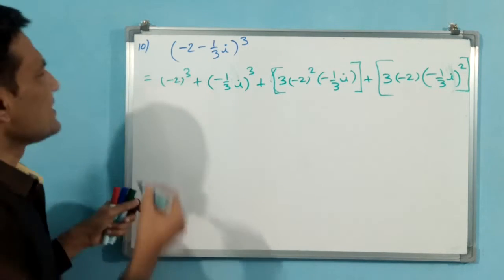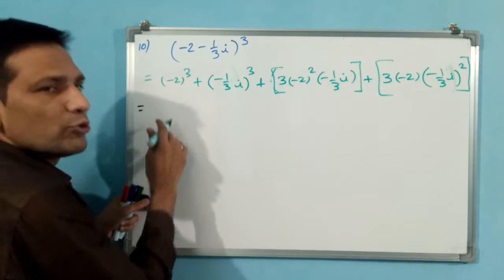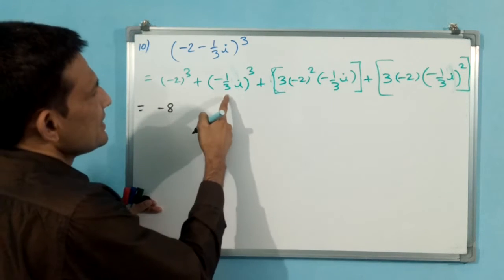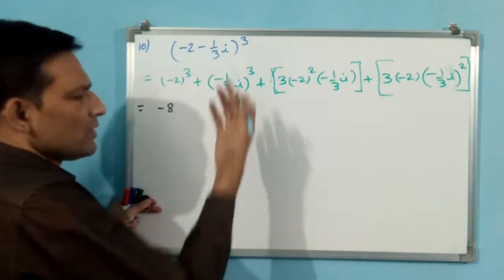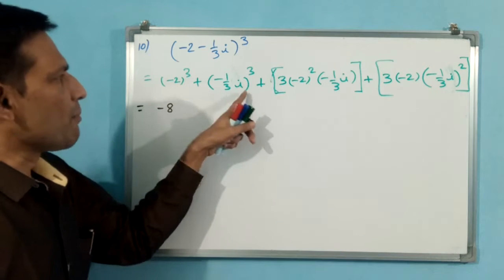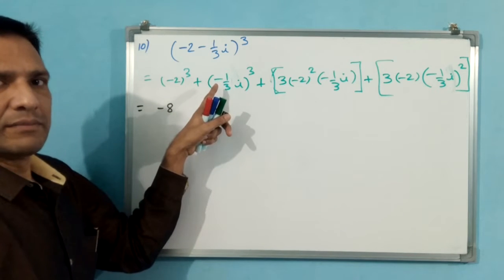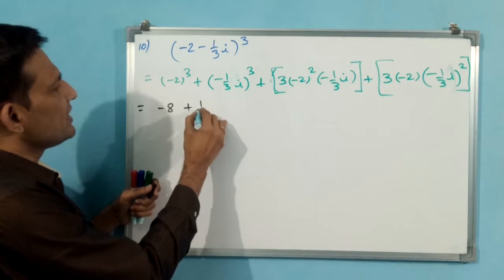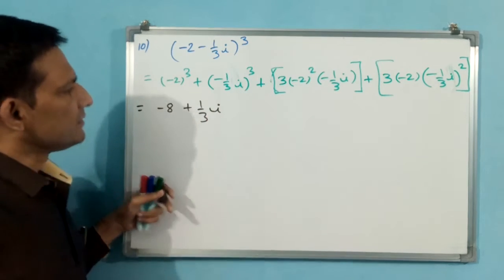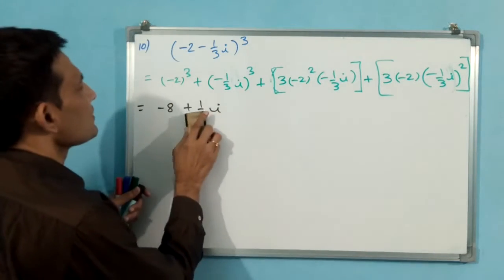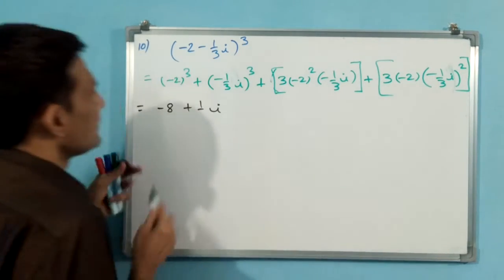Now let us do the calculation. Minus 2 cube is minus 8. And this is i cube. Shall we write directly? i cube is minus i, and minus into minus gives plus, so (1/3) cube, which is 1 by 27, because cube means 27 will come.